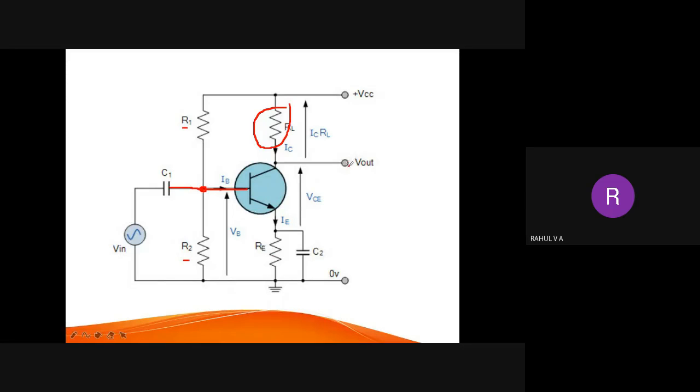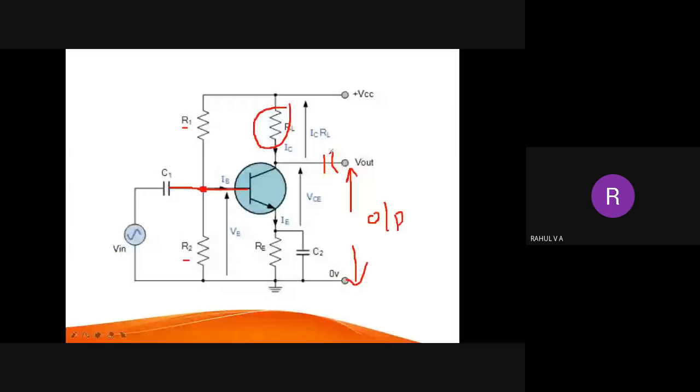At the output terminal, we have another capacitor, C2.